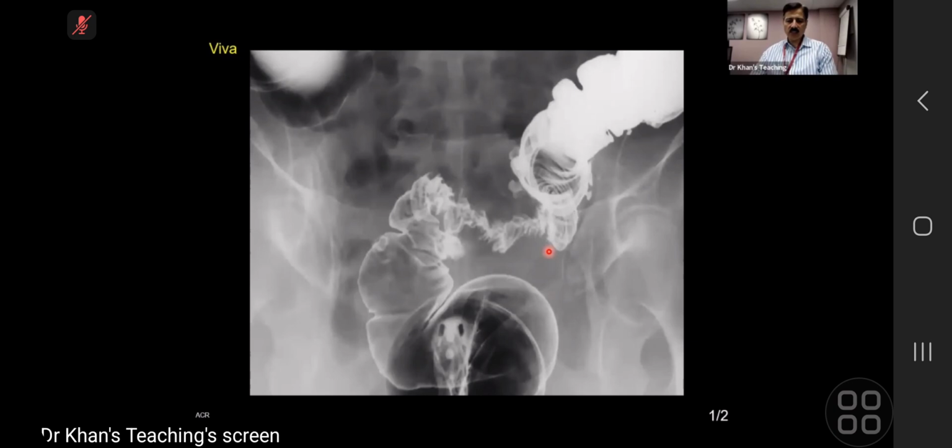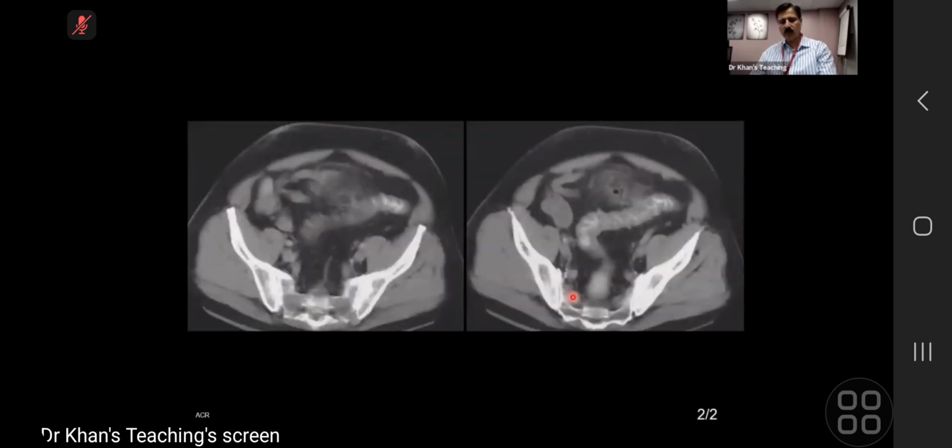Actually, I can see the serrated outline here, but let me explain to you what happens. Look here. This is the CT scan of the same patient, and you can see this high density thing is the mucosa, and you can see this thickened wall right and left.